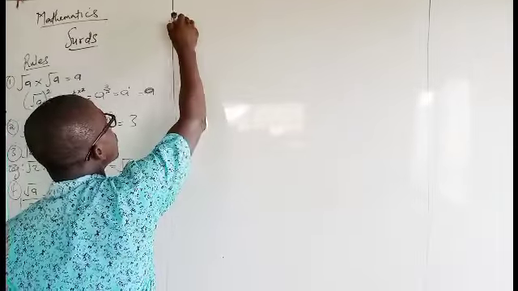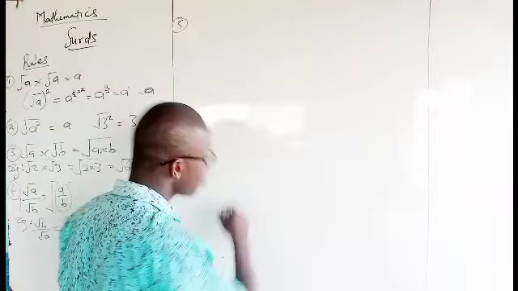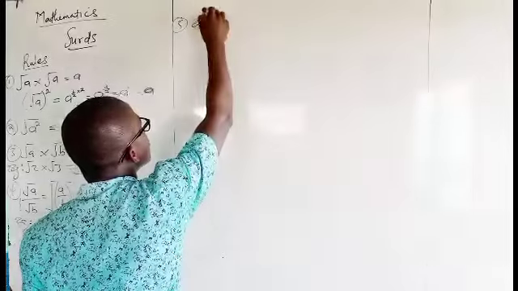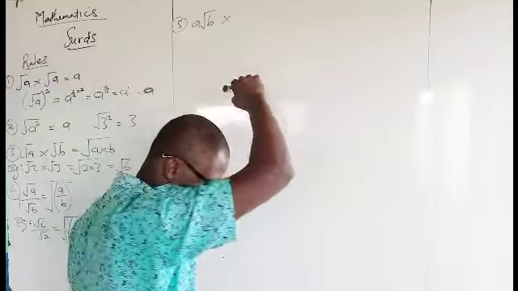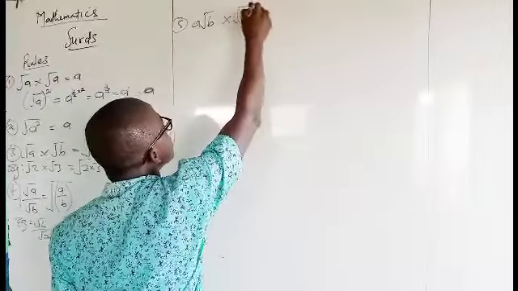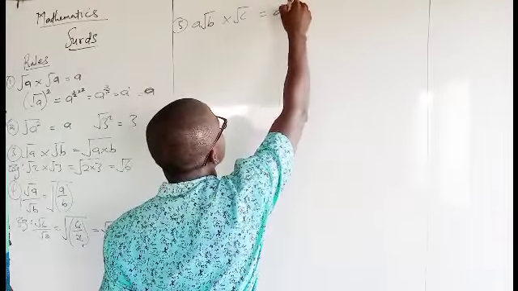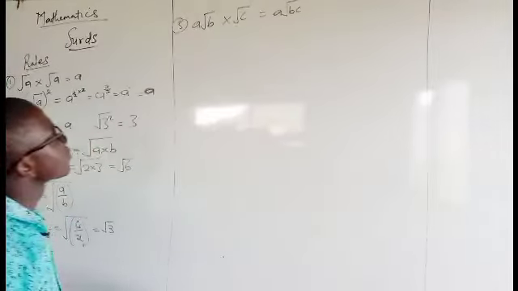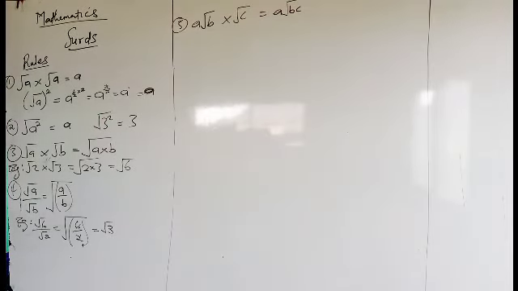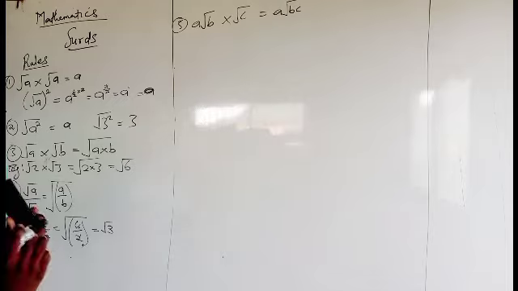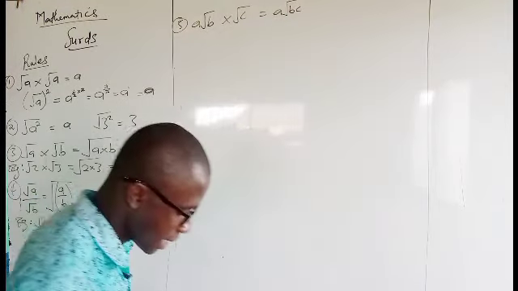Let's look at the fifth rule. We have a root b times root c giving us a root bc. So you group the square roots together, multiplying the a.